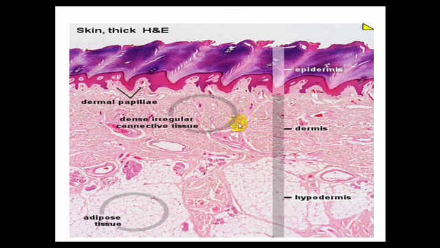Now we take only the sebaceous glands and the sweat glands. There are two types of sweat glands: eccrine and apocrine. I will continue in the next video by talking about the sweat glands.